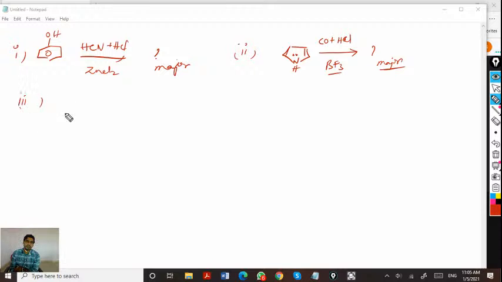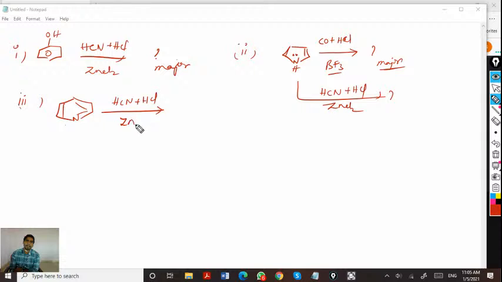For the third one, the same compound is treated with HCl and ZnCl. Major product? And if this is treated with CH3Cl along with HCl and ZnCl, what could be the product?